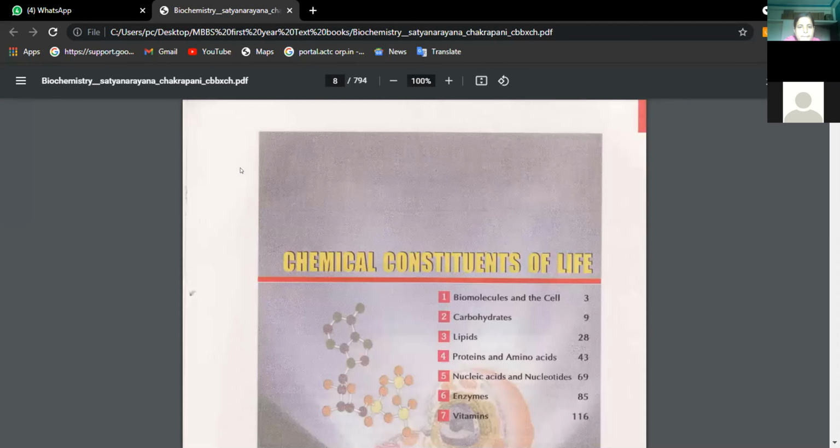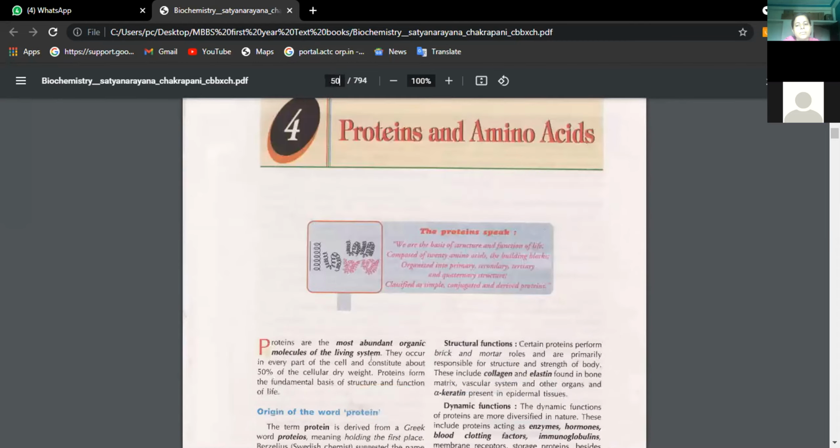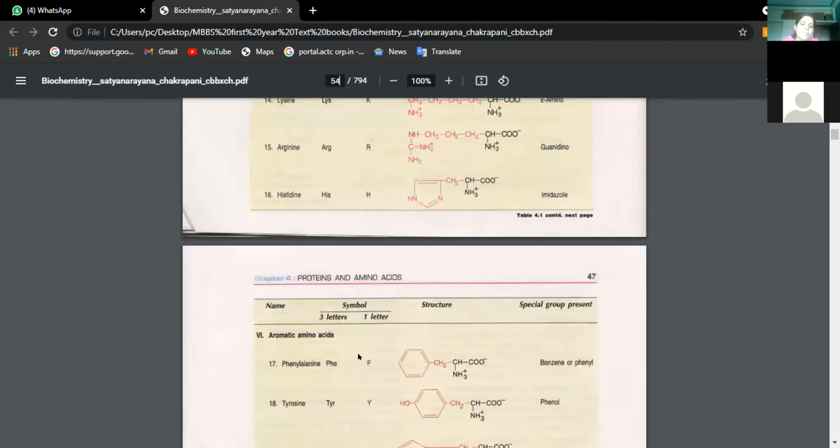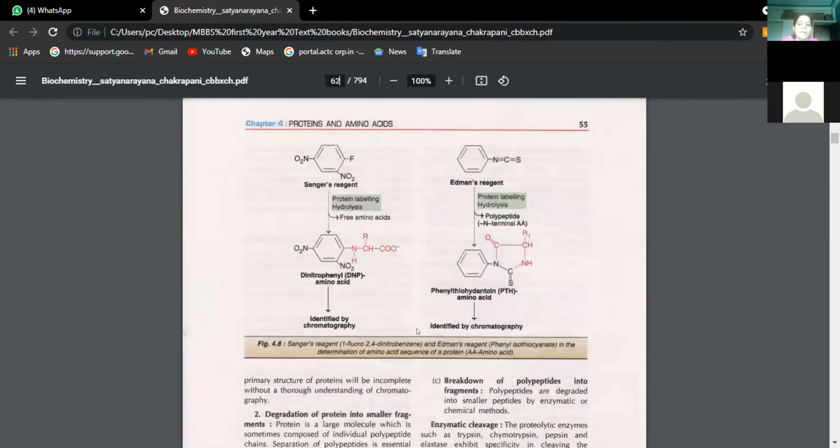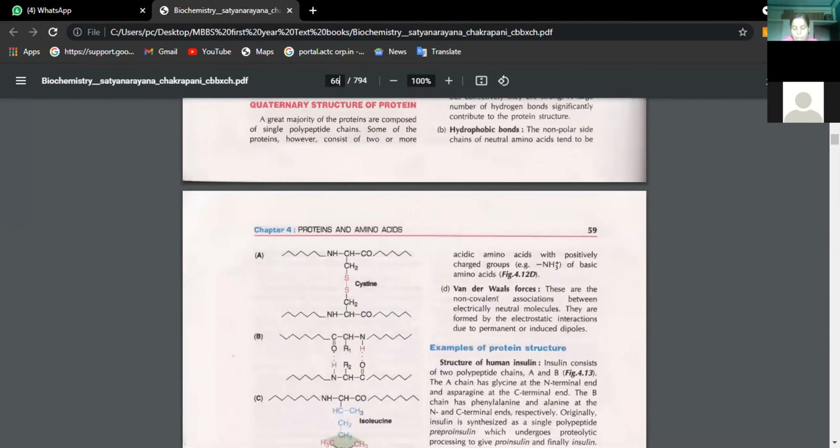G proteins we will discuss. Till you find that answer, I am checking the next answer. Okay.